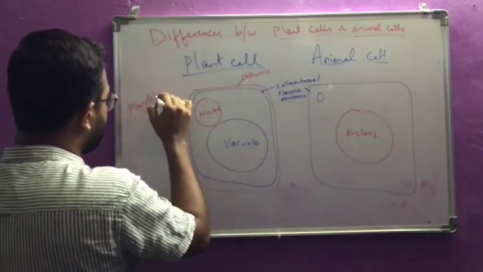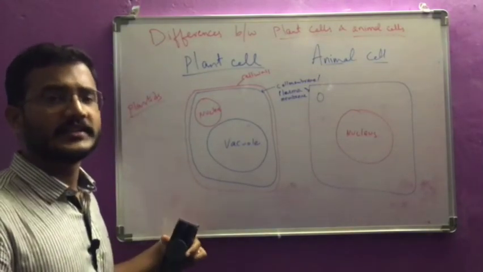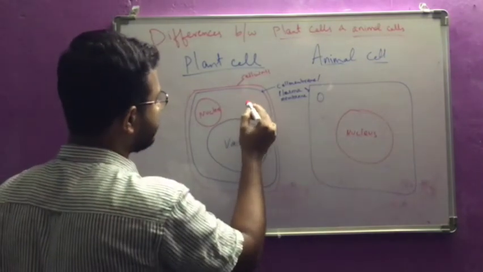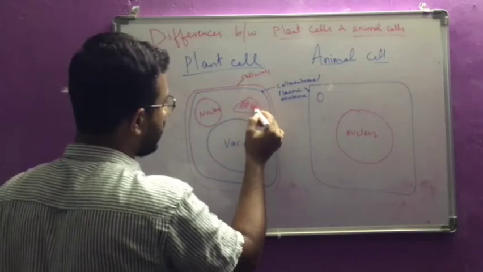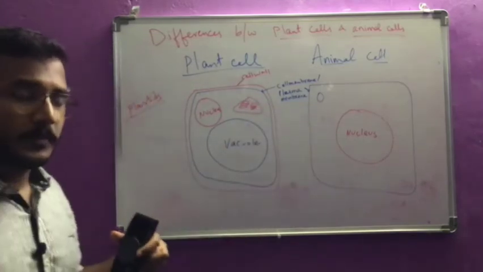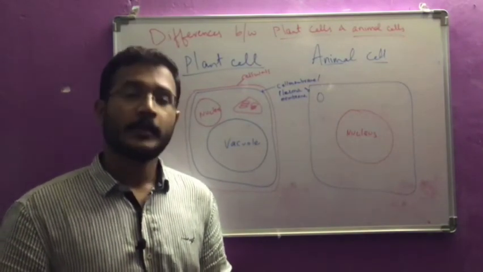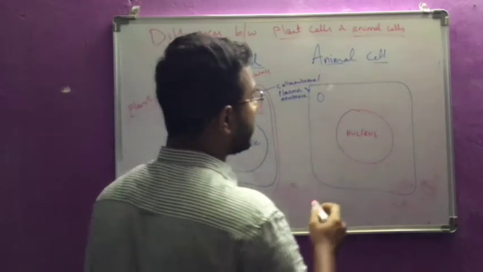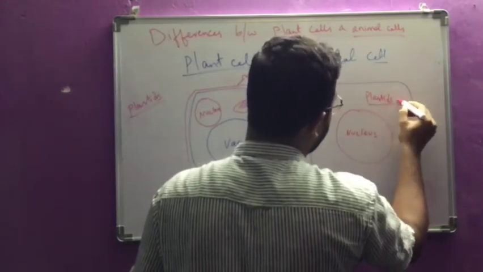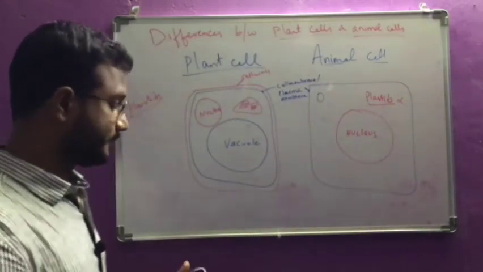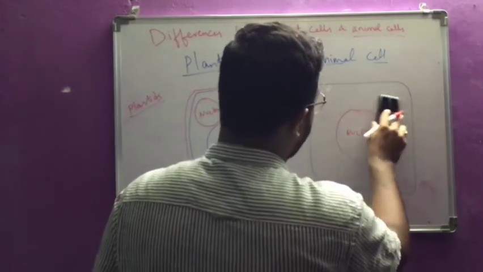That means many types of plastids are there, and out of that the very important type of plastid is chloroplast. The chloroplast helps the plant prepare food by the process of photosynthesis. But in animal cells, chloroplasts or plastids are absent. So we are dependent upon the plants for food. This is the major difference between the animal cell and plant cell.